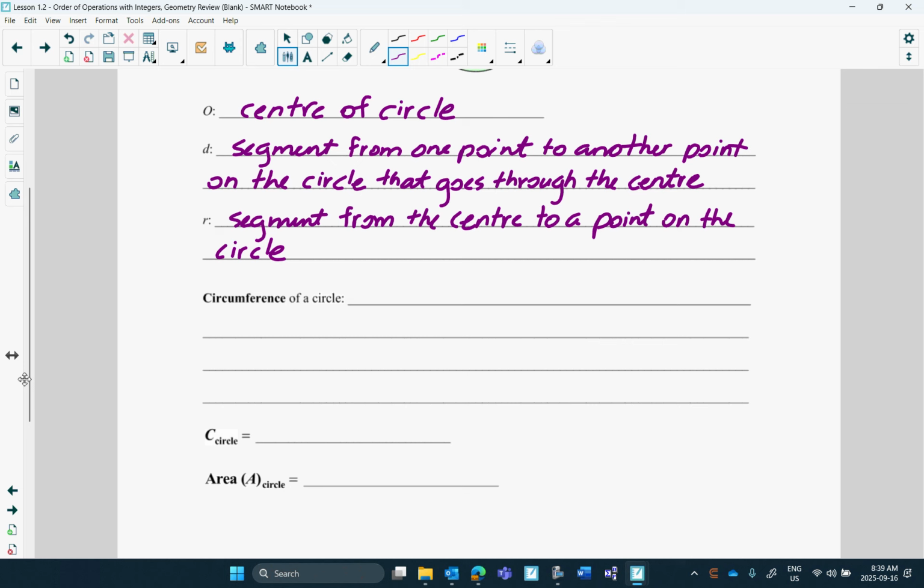What does it mean to find the circumference of a circle? Yeah, the distance around the circle.